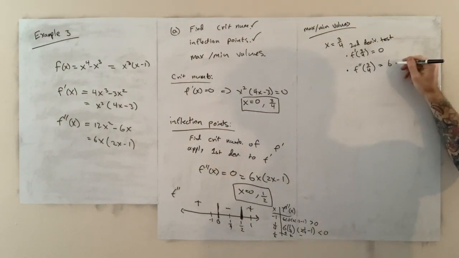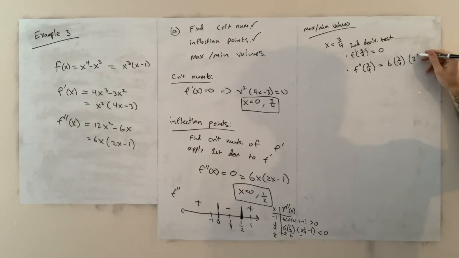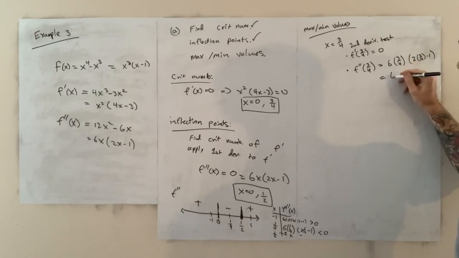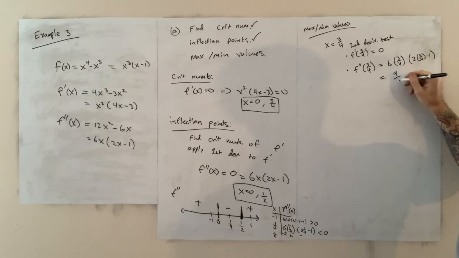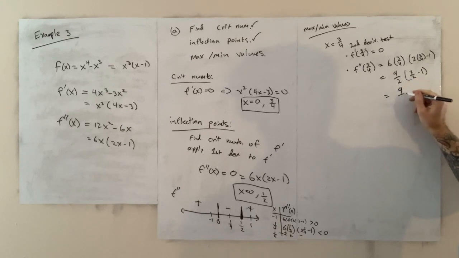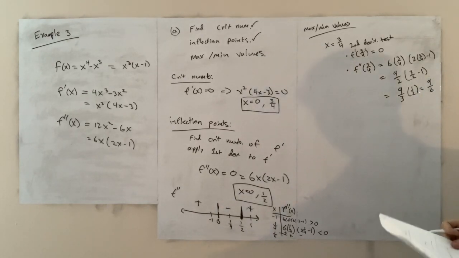I'm going to get 6 times 3/4 times 2 times 3/4 minus 1. So this is going to be 6 times 3/4, 9/2, times 3/2 minus 1, or 9/3, times 1/2, or 9/6, if I did that correctly.